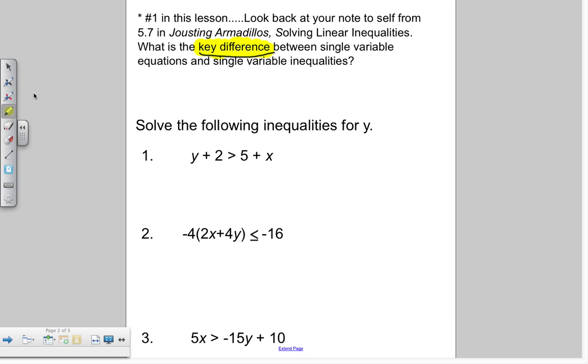The key difference is that when you divide, and I just did it in the last problem, by a negative number, in an equation, nothing happens except for your calculation might change something. But when you divide by a negative in an inequality, what do you do? You switch the sign.